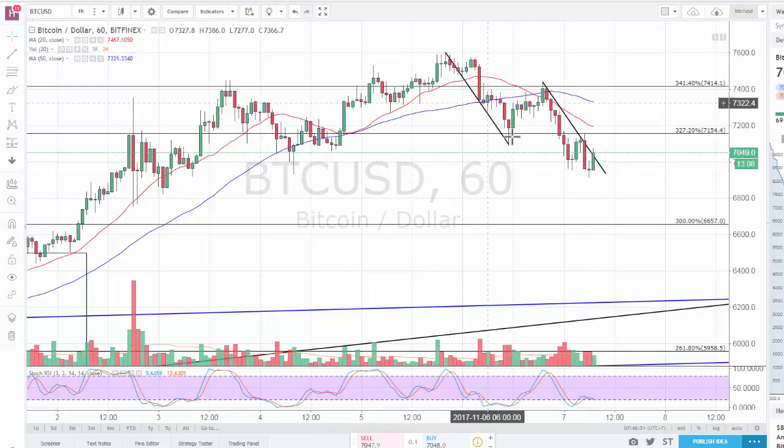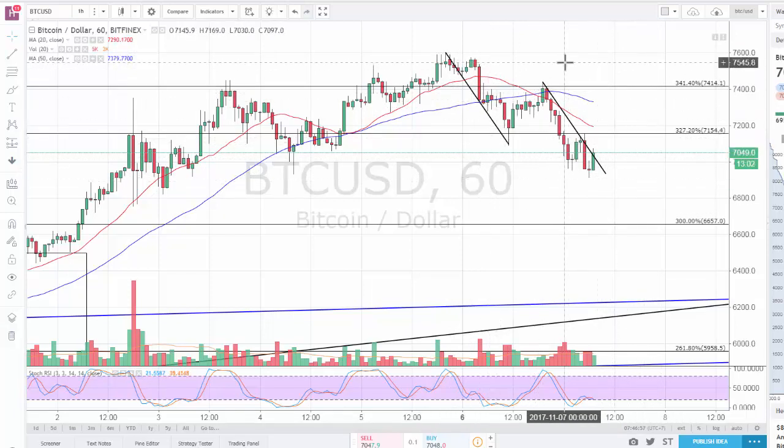So if it's bearish, it means it's going to reverse to bullish, and if it was a bullish ABCD going up, it means it's a reversal and the trend is going to go bearish. In this case, because it's an ABCD pattern going down, it means it's going to reverse and go bullish.